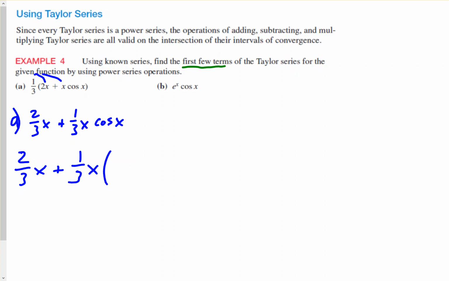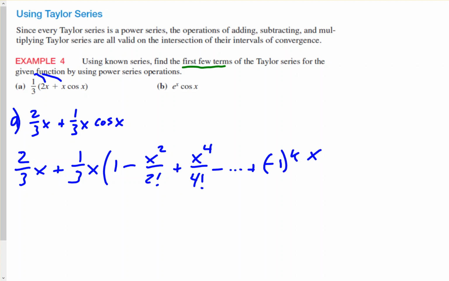Now cosine x, I'm going to express that as the Taylor series for cosine x. So I have 1 minus x squared over 2 factorial plus x to the 4th over 4 factorial minus, and then this would continue, -1 to the k times x to the 2k over 2k factorial, and that would continue like that.